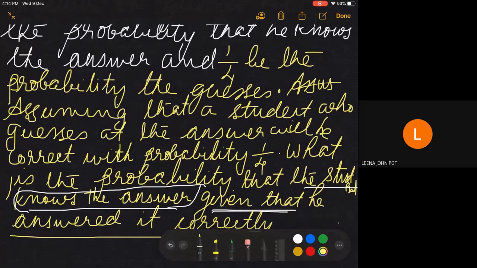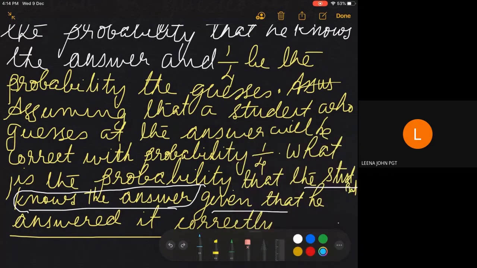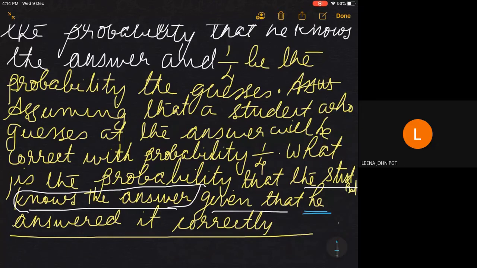So he answered it correctly is also taken as another event. So the condition is given upon another event. So two events are there, event 1 and event 2. One event is given as the condition, another event is to be taken for finding the probability.